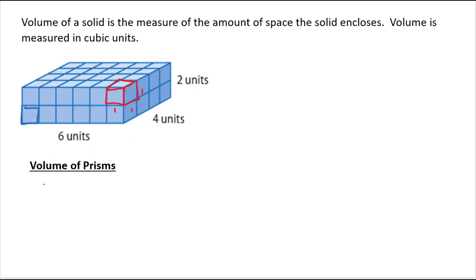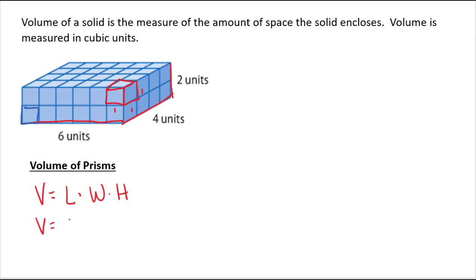So volume of a prism, to get the volume of this, we would take the length times the width times the height, because the 6 times 4 would get me what the base is, and then I have 2 of them that are 2 units tall. So length times width times height.